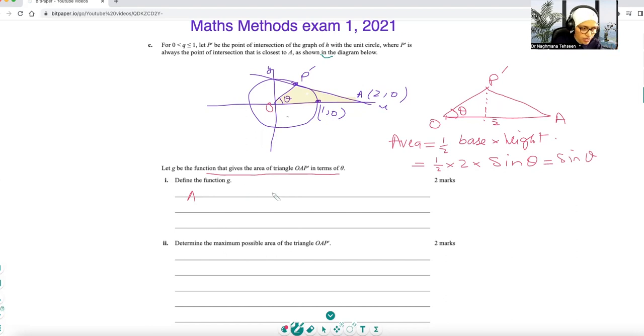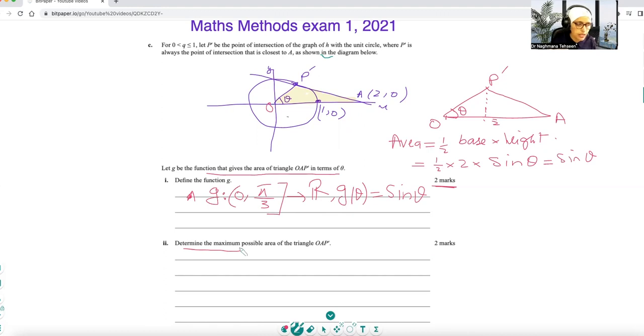So we can define our g function properly, the way we define a function, from 0 to pi on 3, included in R, and g of theta is equal to sine theta. So that's our function.